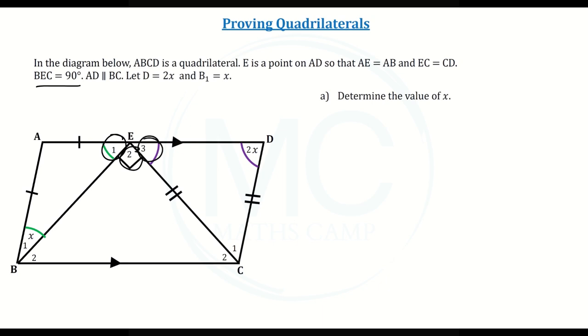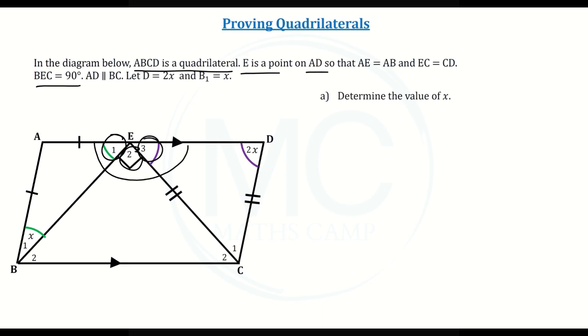The question tells us that ABCD is a quadrilateral and that point E sits on side AD. AD is a side of the quadrilateral, so we know that this is a straight line, which means that this whole angle here must be equal to 180 degrees. And we can use this to solve for x.